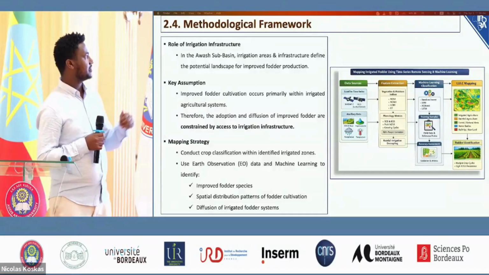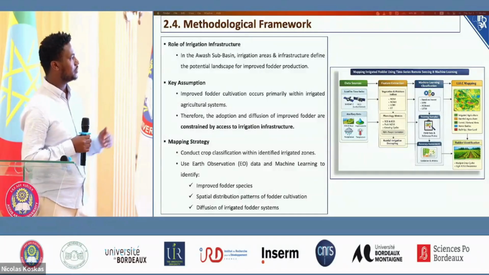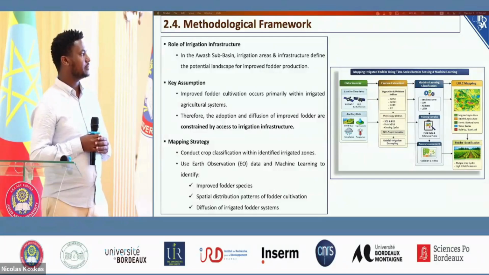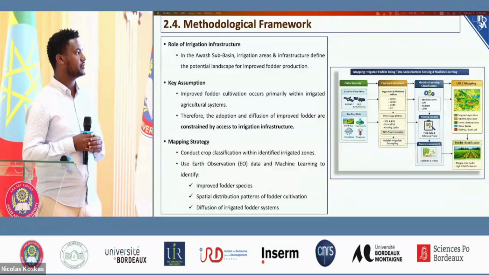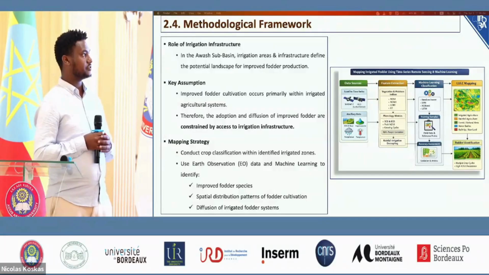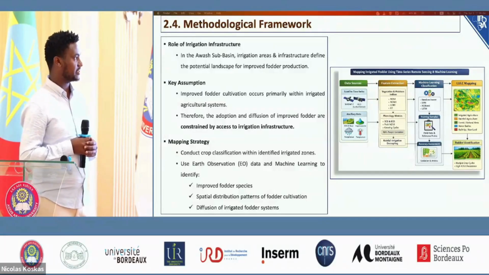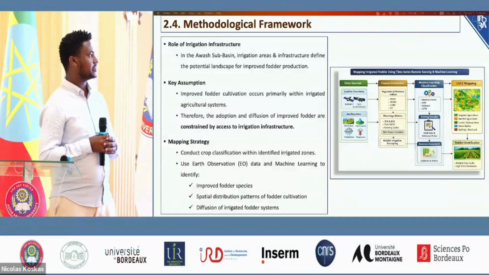And after that, we model the pipeline for mapping the fodder using time series remote sensing data and a machine learning algorithm. As you see, there is a data source.